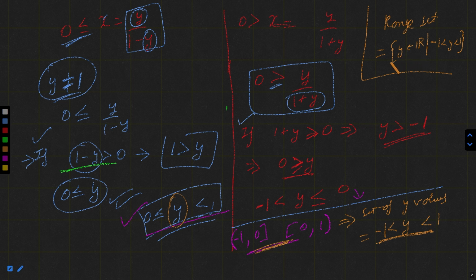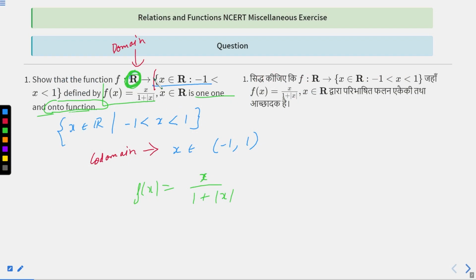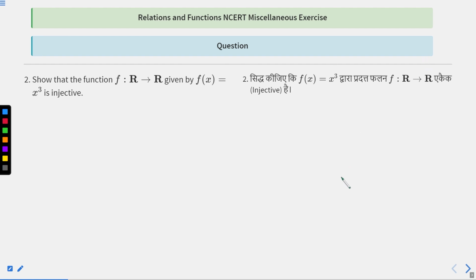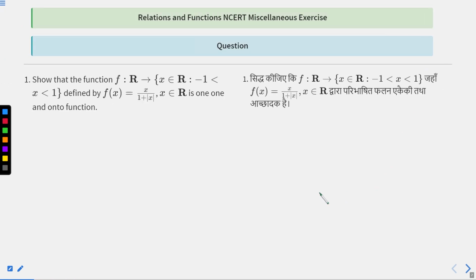So as you can see, this is the same as the codomain set: the set of all real numbers which belong to minus 1 to 1. I hope that it was very clear to you.